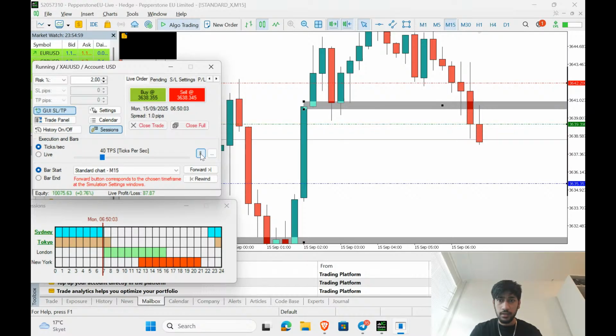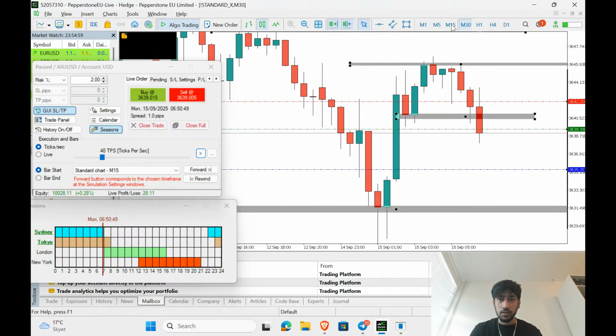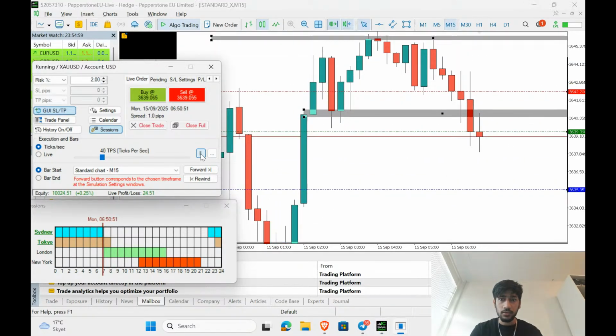Like that. Yeah, it's breaking below its own low, and it should not come back to break its own high.